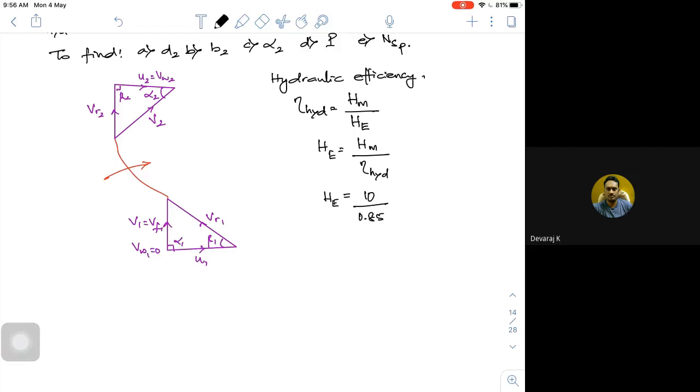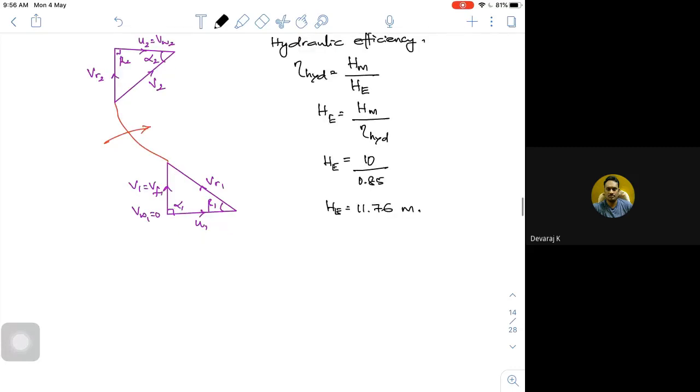So this will be U2 square by g. So it is 11.76. HE is equal to 11.76 meters. I got this.